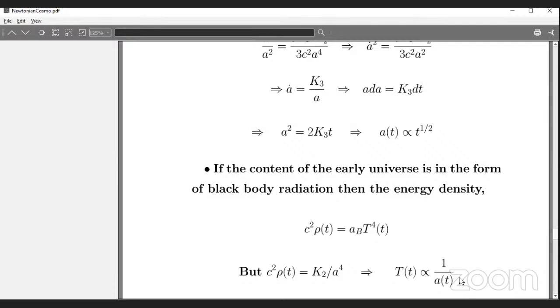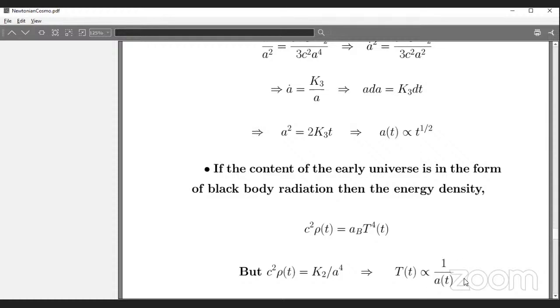So we have got a very important result: when the early universe was very hot and the universe is expanding, the temperature falls off as 1 over the scale factor.